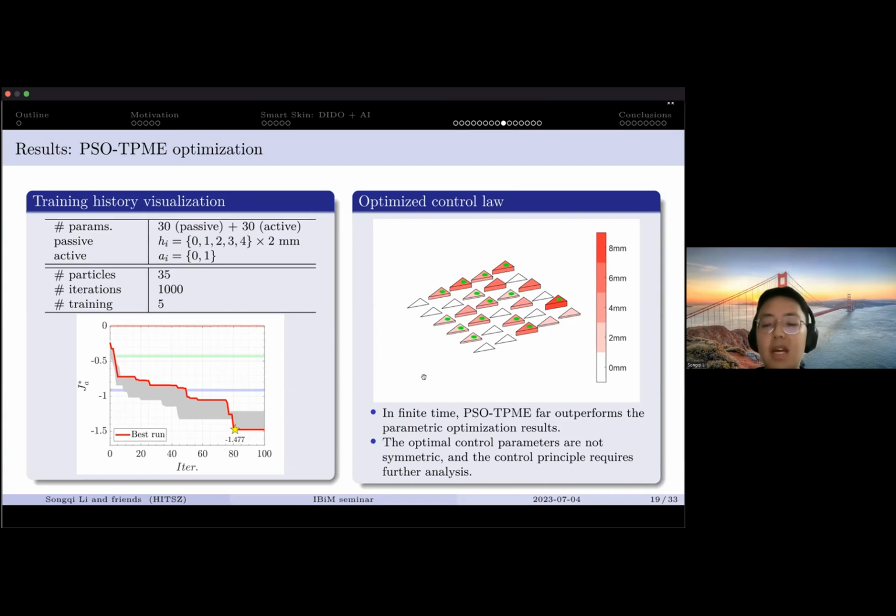So actually, in finite time, we see that this algorithm can outperform all these parametric results, but it looks like this pattern is a bit complicated, and it doesn't possess any perfect symmetry, although it's very efficient. And the control principle related to this actuation pattern requires further analysis and investigation.